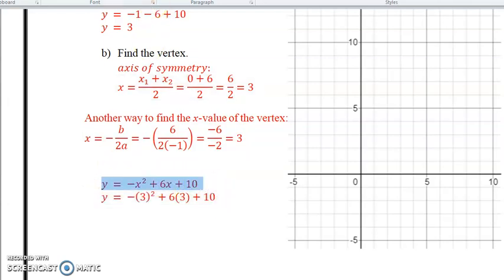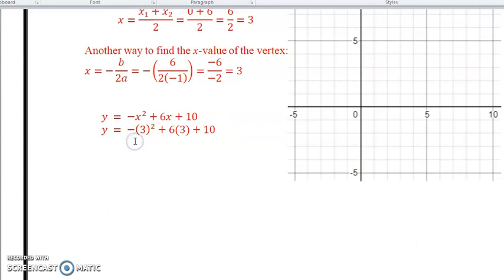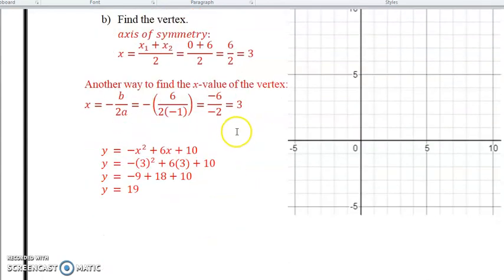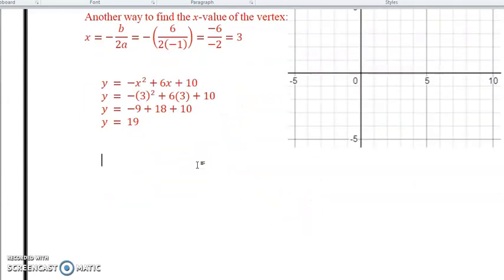So we plug it in, and we get -9 plus 18 plus 10. So that is 19, sorry. Which we knew anyway, it was given up here, but again, that might not always be the case, so you might have to find it. Okay?